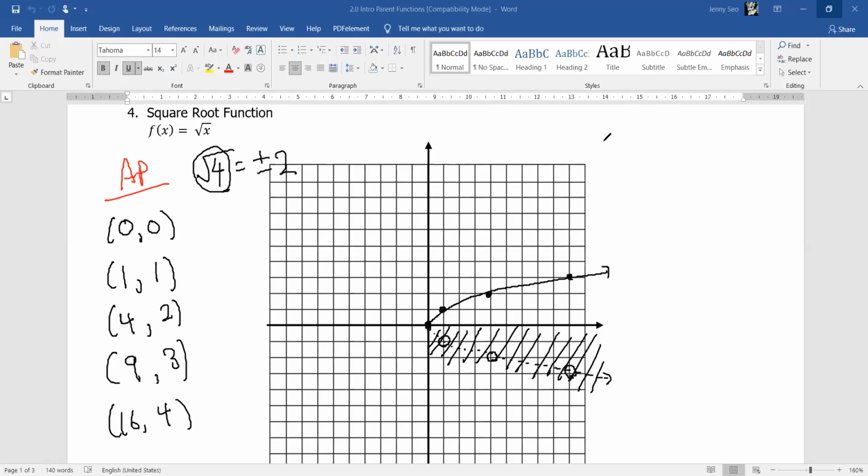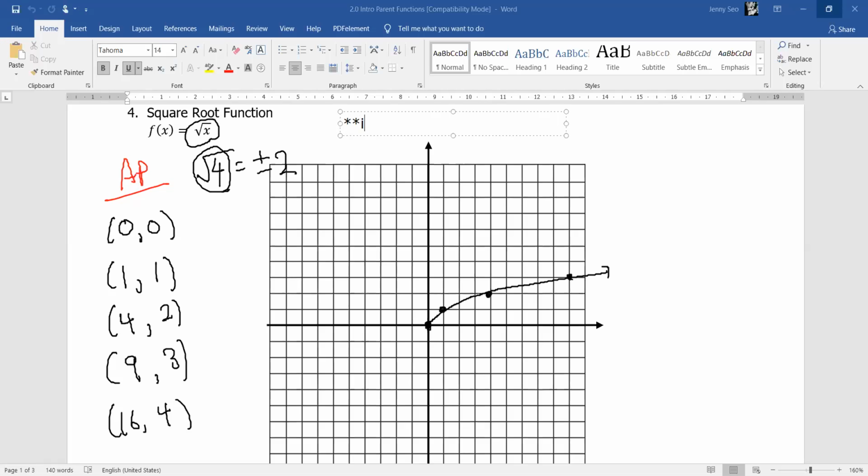That doesn't help us. Remember, the whole point of our learning this math is that if we put in a number, we want a definite answer. We want a single answer if possible. So having two answers sort of defeats the purpose. So when we do square root functions, we automatically assume that we're going to deal with the positive value.